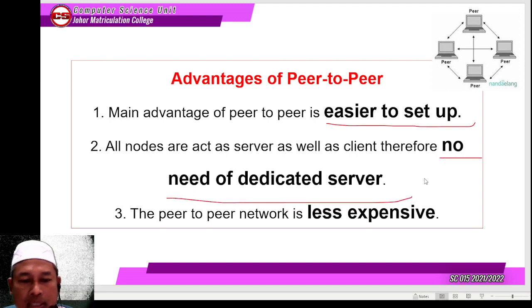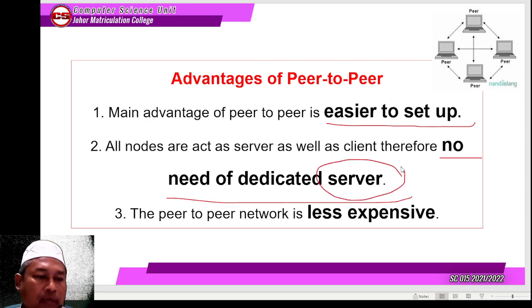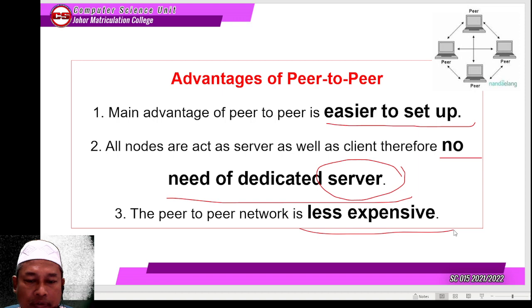Tidak perlukan server. Jadi di dalam peer-to-peer tak perlu server. Less expensive. Why less expensive? Because no need to buy a server. Jadi tak perlu kita beli server untuk kita membuat rangkaian. Jadi peer-to-peer is very easy to set up.